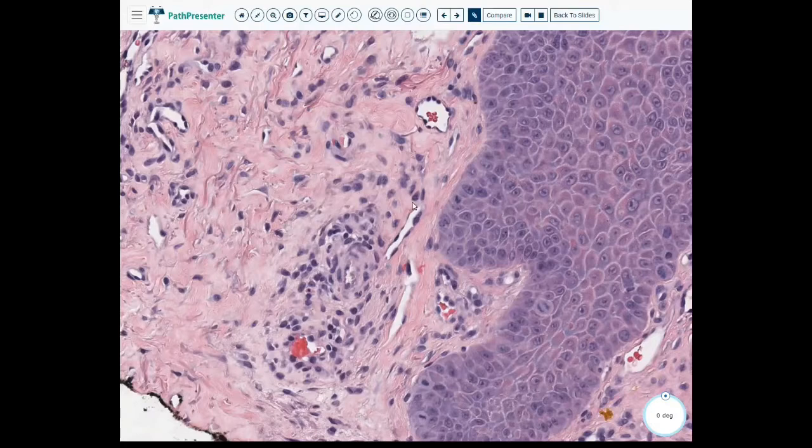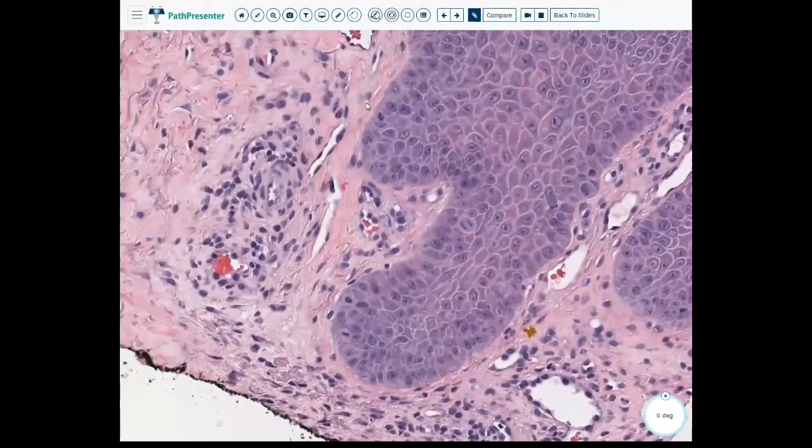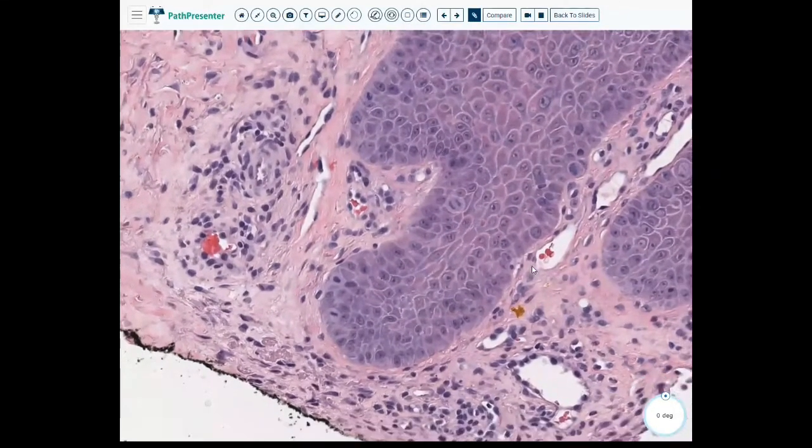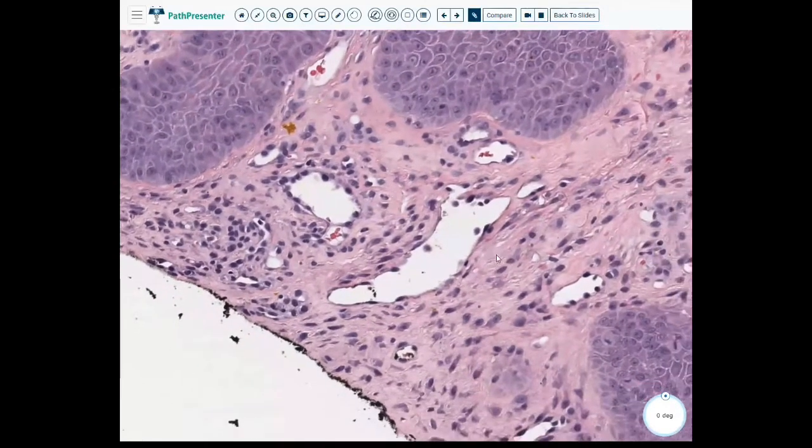You can see how it's a little clumpier on the outside, and that is the clock face chromatin. Again, at higher power, you'd be able to see the perinuclear hof, which is a clearing right around the nucleus that projects towards the cytoplasmic side. So that's a plasma cell.